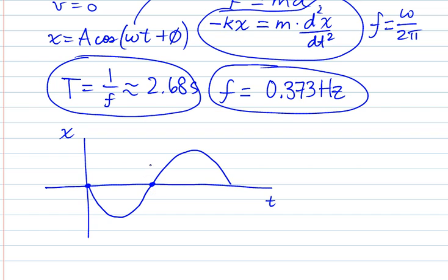This is when we get back to where we started, and this is the amplitude A that we calculated previously. So that means we're talking about a time of 1/2 the period, so that's about 1.34 seconds.